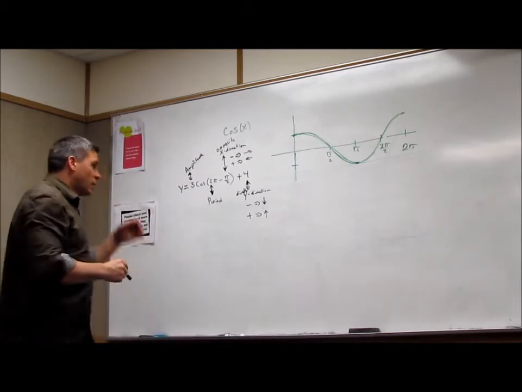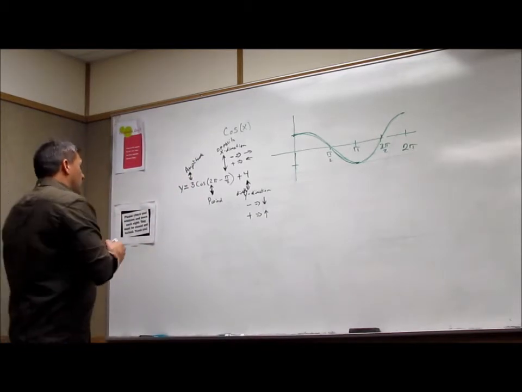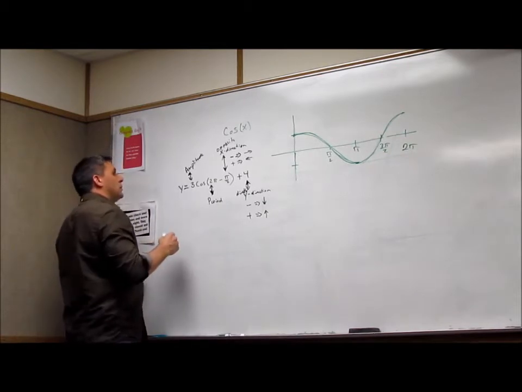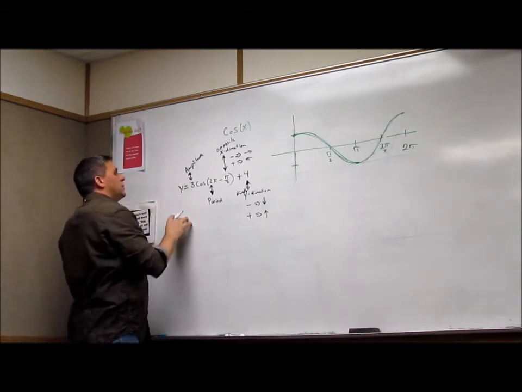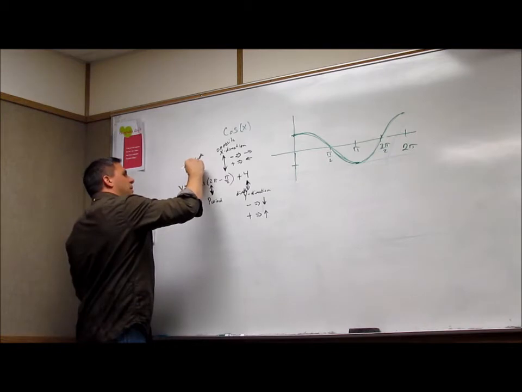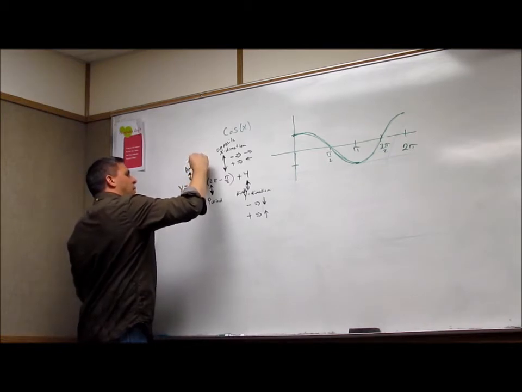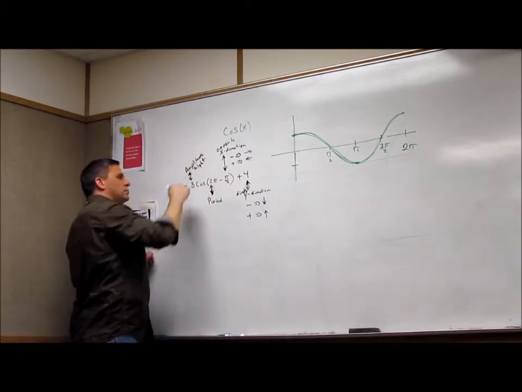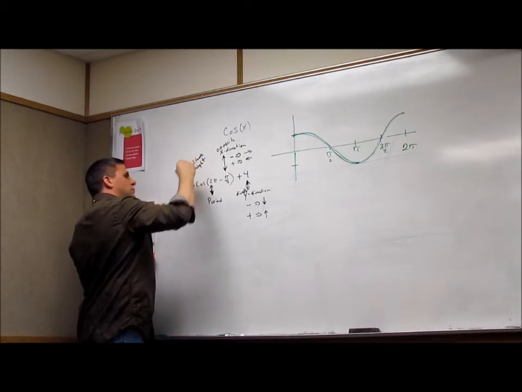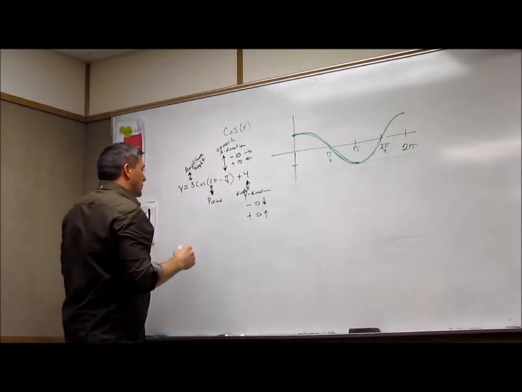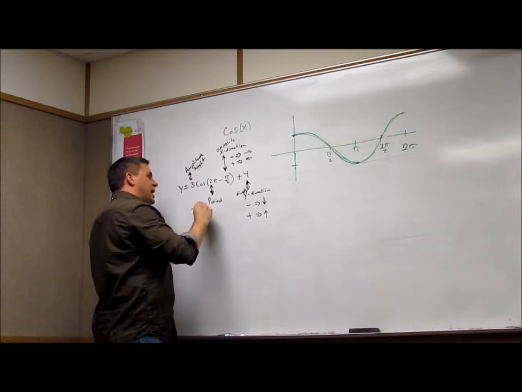So now, this one. Amplitude is height. Period is length.